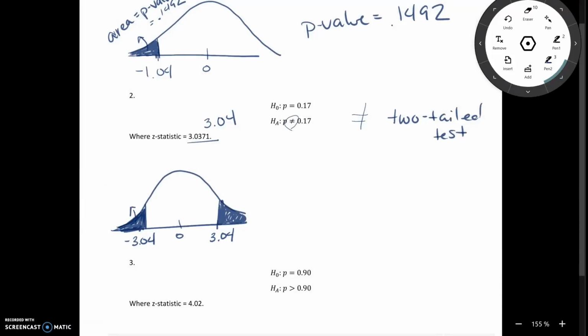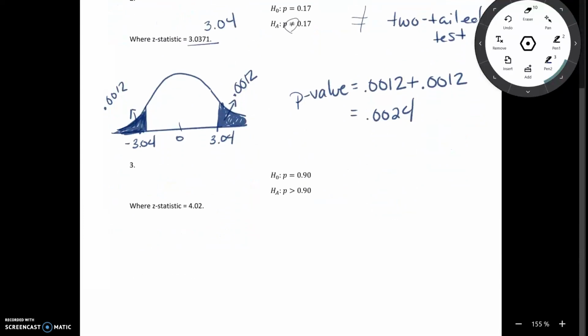This area right here is 0.0012. Because this curve is symmetric, the area is the same in both tails. So since the p-value is equal to that area, it's going to be 0.0012, the area to the left, plus 0.0012, the area to the right, which is equal to 0.0024.